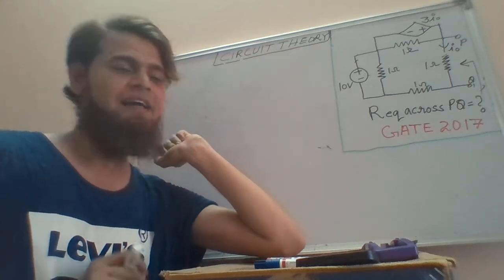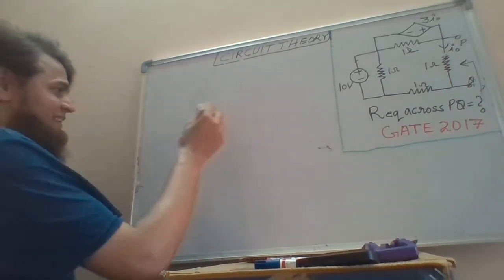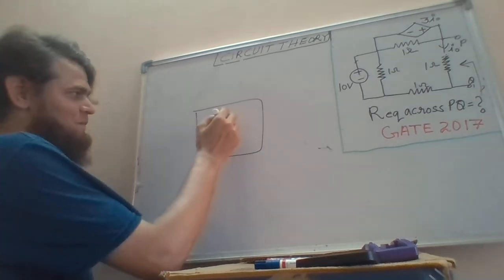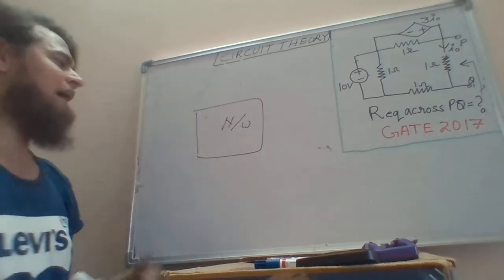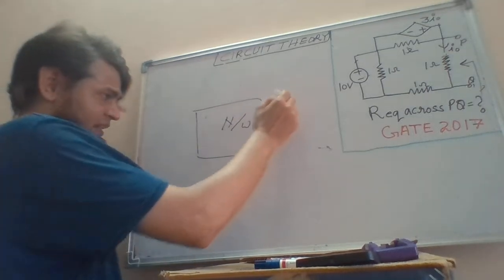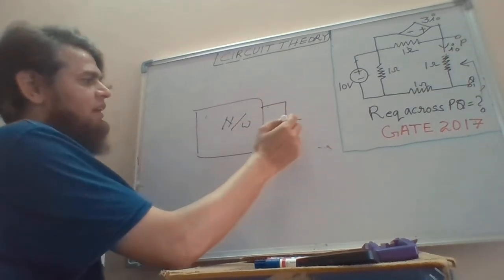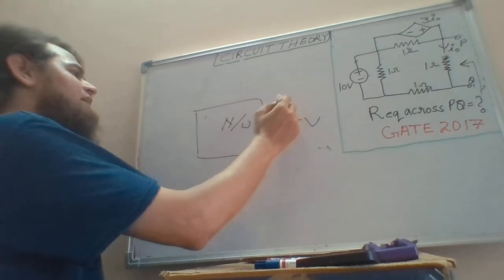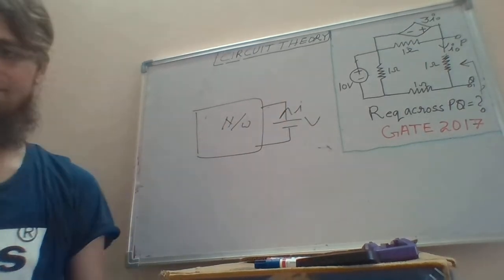Problem ये हो सकता है कि let's say ये network है. It's some network, and you're connecting some external battery of V volts. It is supplying I current. That's fine.